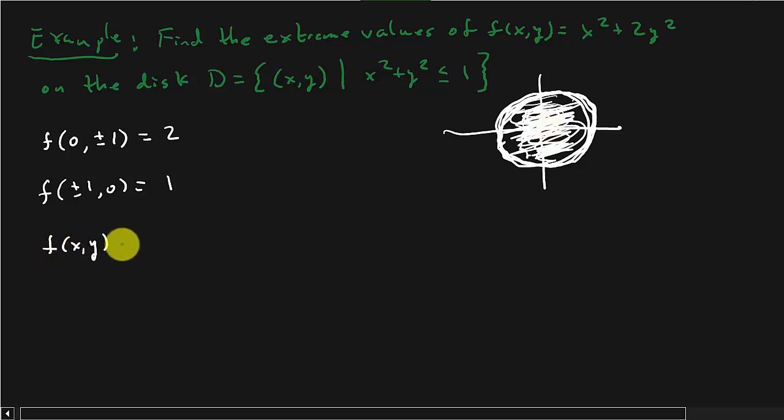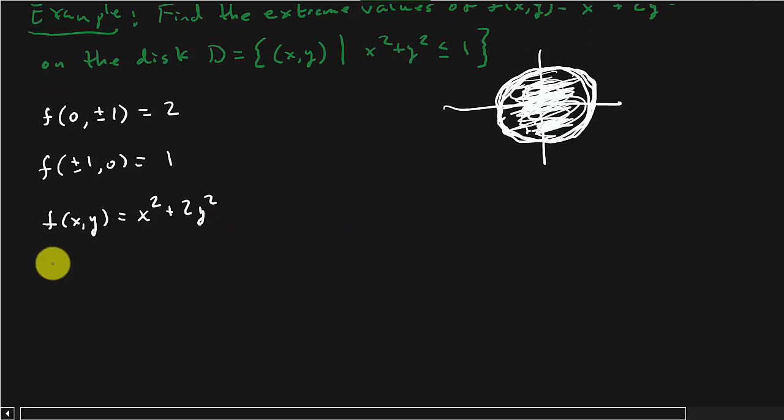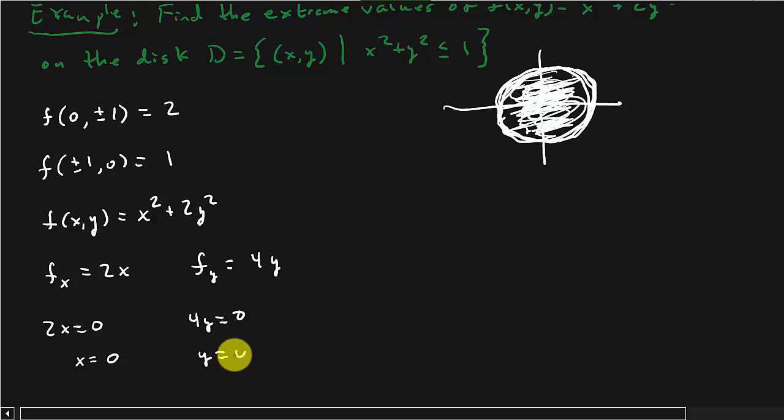So we have f(x,y) equals x squared plus 2y squared. I've got the partial with respect to x is 2x, and the partial with respect to y is 4y. And so remember, we've got 2x equals 0 and 4y equals 0, so x equals 0, y equals 0. So we have a critical point at the point (0, 0).